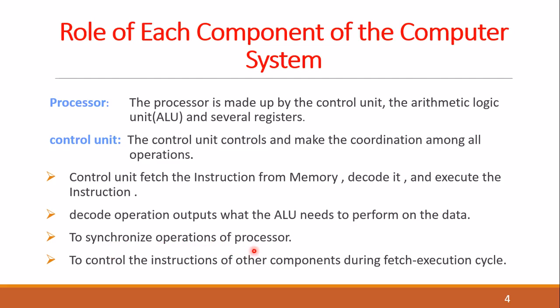It also synchronizes the operations of the processor. Synchronize means, suppose two distinct processes require the time slice of the processor at the same time. Which process will get the time slice? The processor will not be halted. So there are some scheduling algorithms to avoid this type of situation.